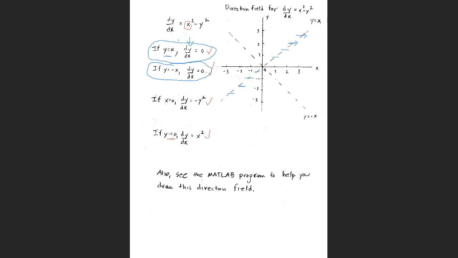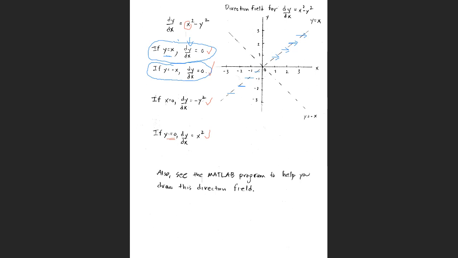Well, the magnitude or the length of the vector represents the slope value. But we don't want the vectors to overlap each other, so we make the vectors all uniform. What really matters is the direction of them. That's what matters in the slope field. Okay, all right, good question.